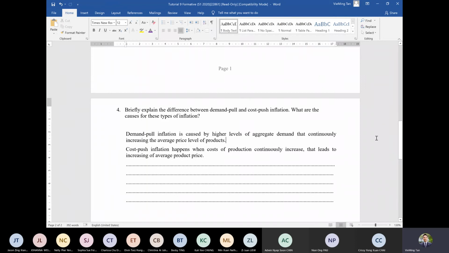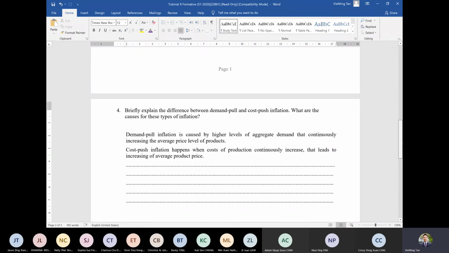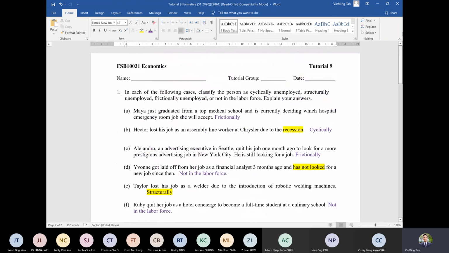Any other questions so far on the formative questions? All right. Today we already discussed the questions related to the 3 major macroeconomic issues.